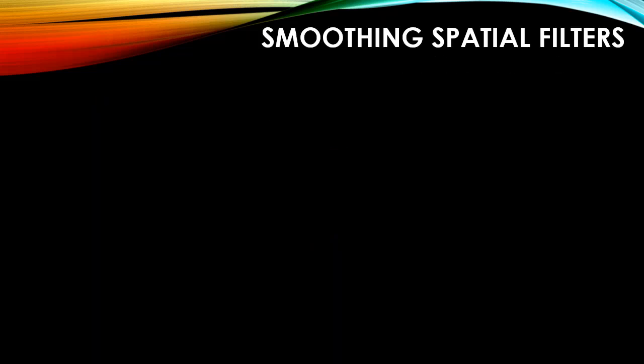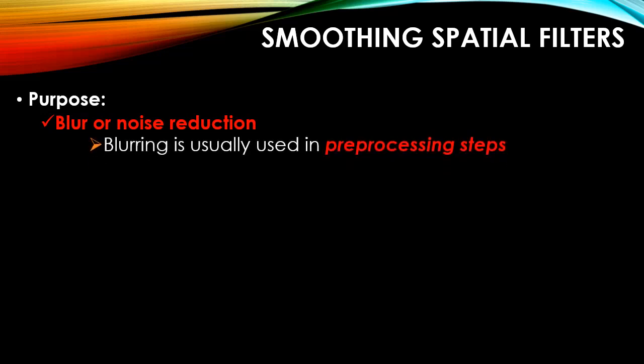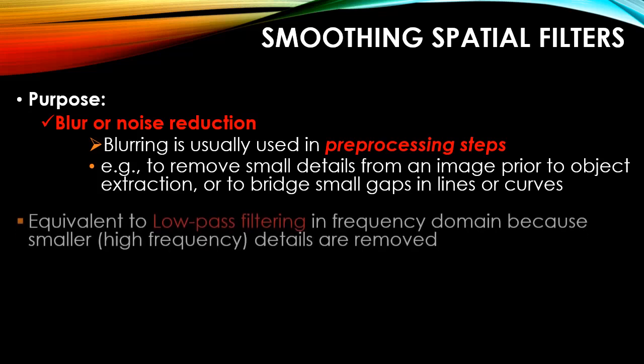The first type of spatial filters that we are going to learn is smoothing spatial filters. The purpose of using a smoothing spatial filter is to blur the image or to remove the noise. Blurring is usually used in pre-processing steps to remove small details from an image prior to object extraction or to bridge small gaps in lines or curves.